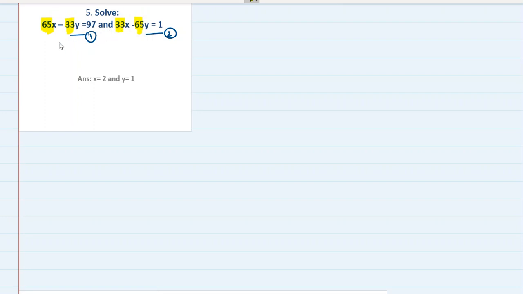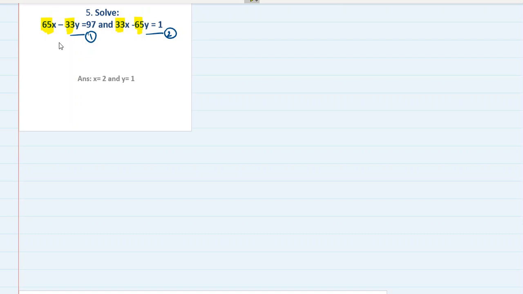So the coefficients of x and y are interchanged, and whenever they are interchanged, you will use a separate, different technique which I'm going to show you. You will not do it with our normal technique of elimination by substitution or elimination by equating coefficients, because those techniques will become very lengthy.